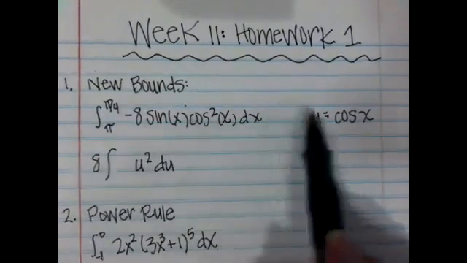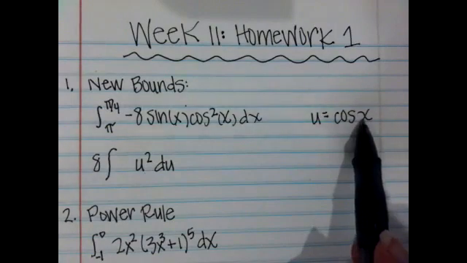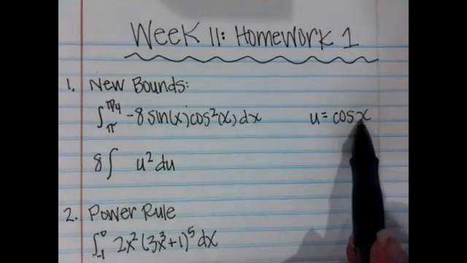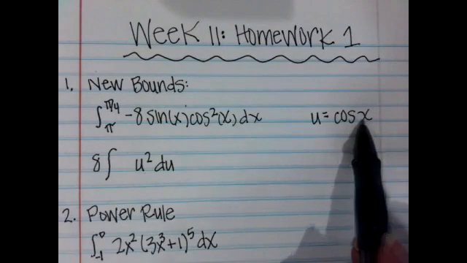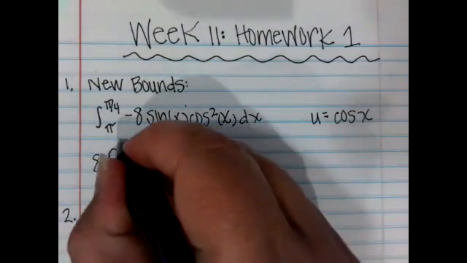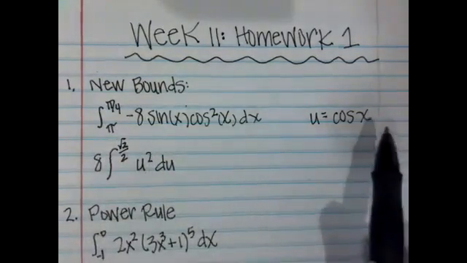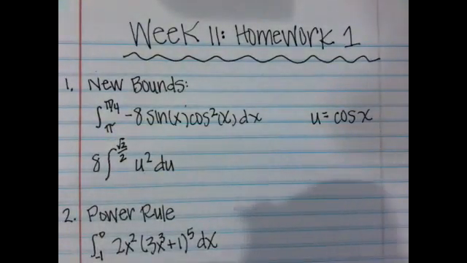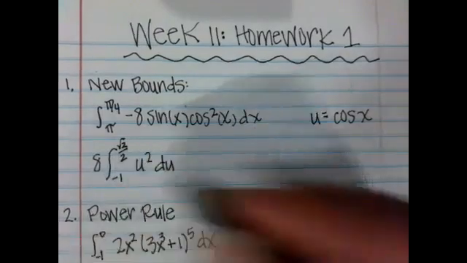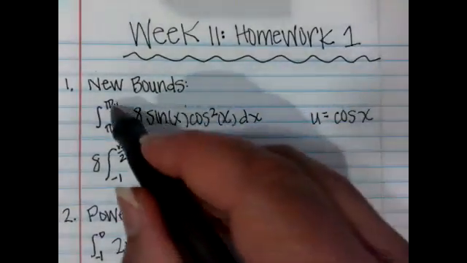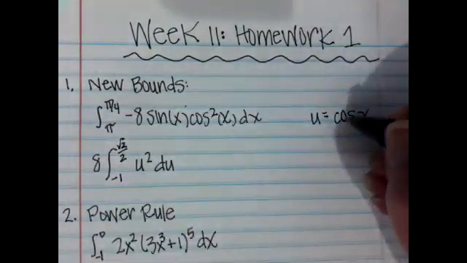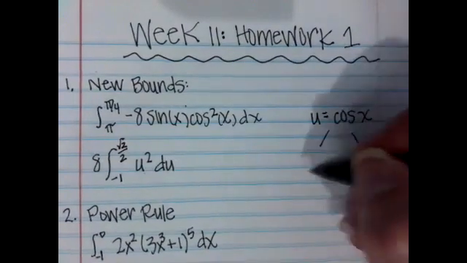So if I plug in pi over 4 to cosine, then that would be root 2 over 2. And so that would be your new upper bound. And if I plug pi into cosine, that would be -1. So that would be your lower bound. So again, you're just plugging these numbers into this new substitution.